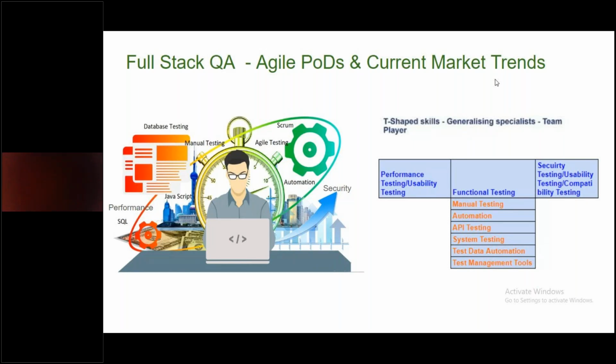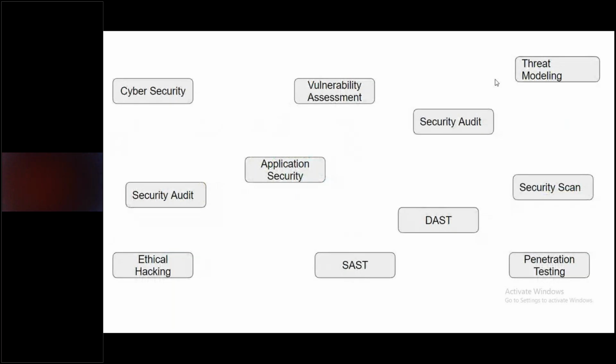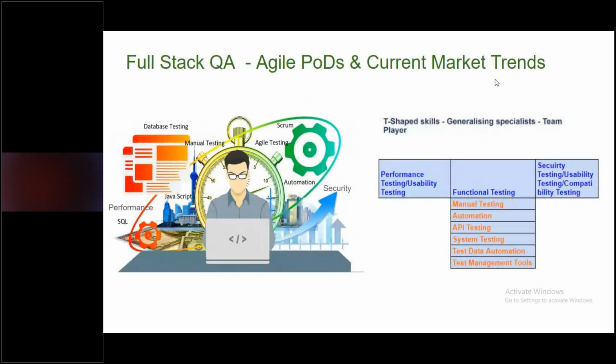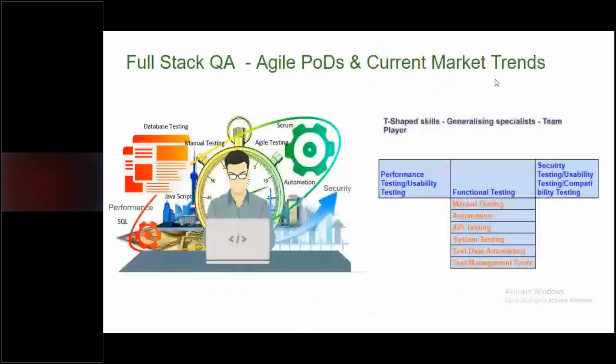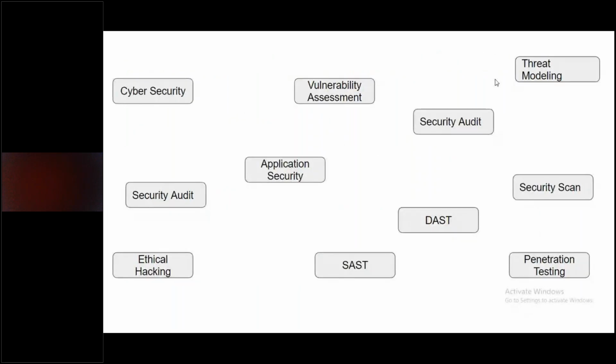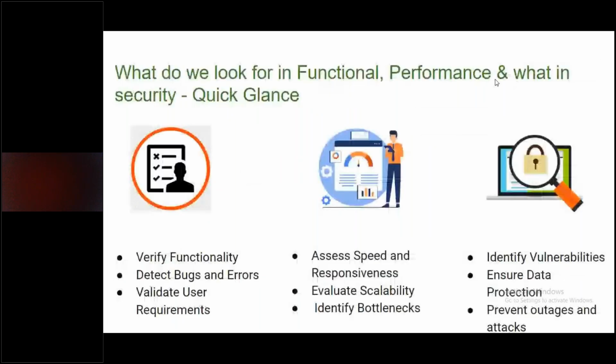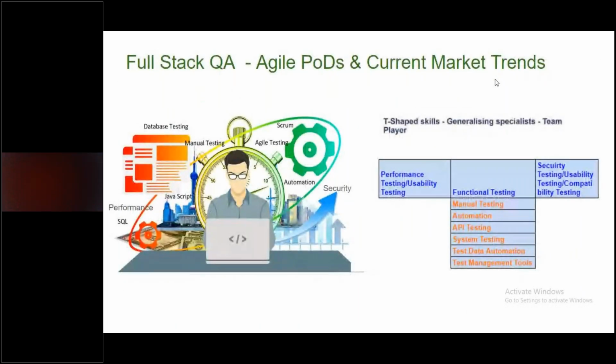Before going into the course content, we looked into functional, non-functional, and within non-functional, various aspects of non-functional. When it comes to security testing, there are a lot of terminologies and a lot of areas as well. Like in functional, we talk about A/B testing, system testing, test data automation, database testing.